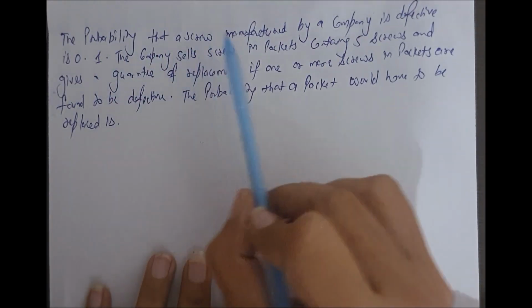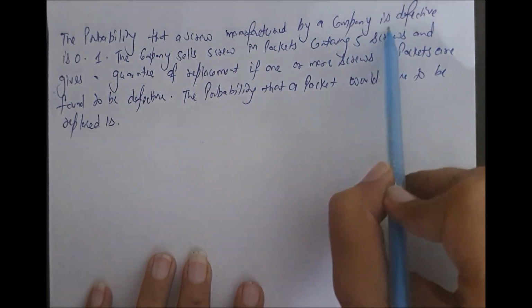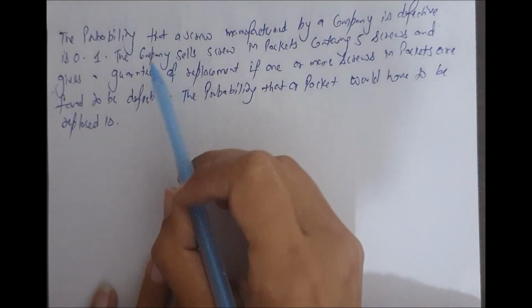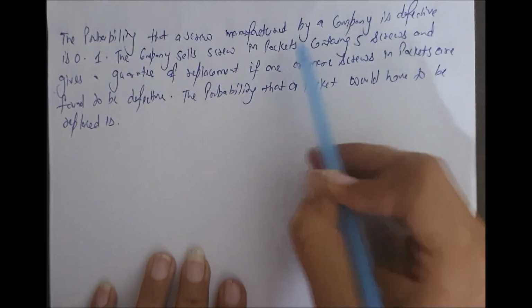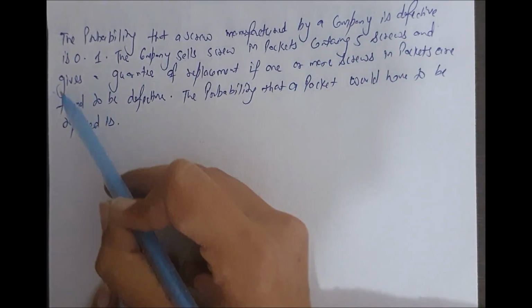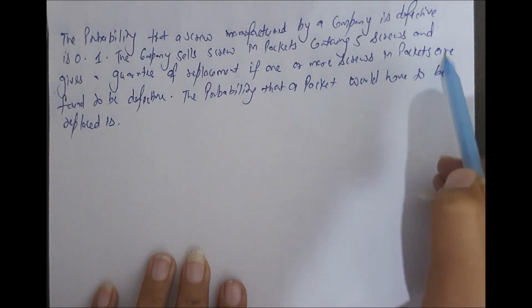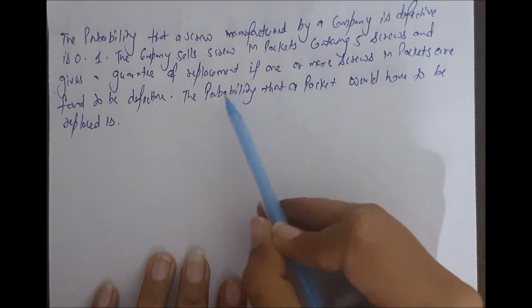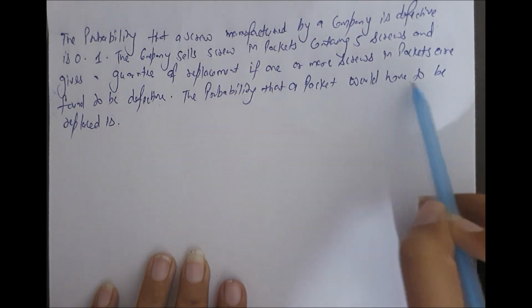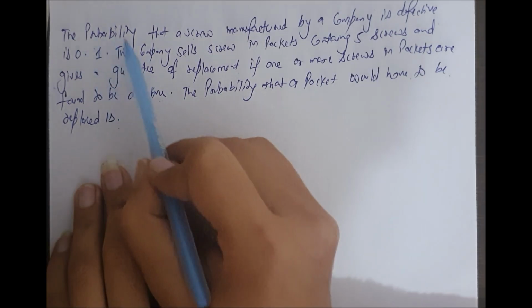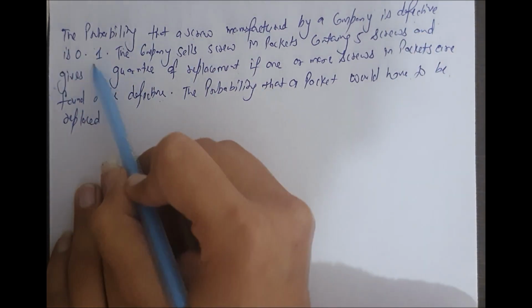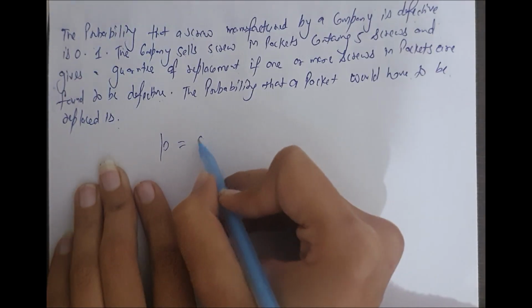The probability that a screw manufactured by a company is defective is 0.1. The company sells screws in packets containing 5 screws and gives a guarantee of replacement if 1 or more screws in a packet are found to be defective. The probability that a packet would have to be replaced is... the probability of a defective screw is 0.1, P is 0.1.